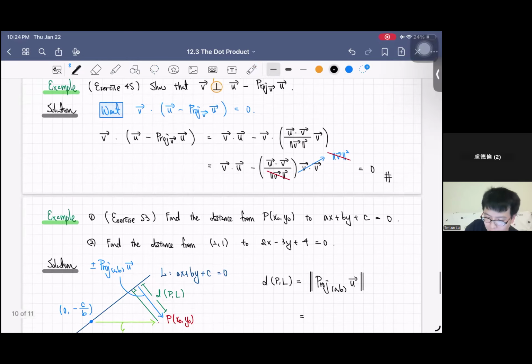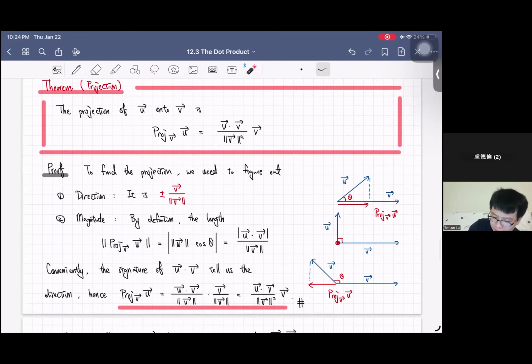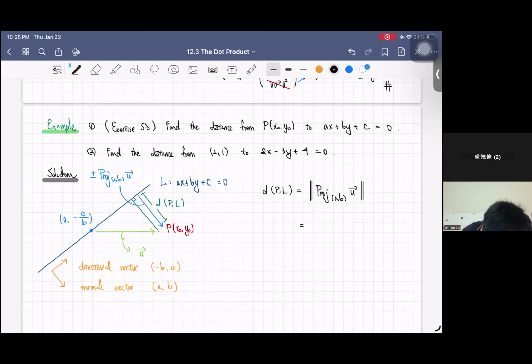Let me go back here. We have seen that the length is given by this formula, right? So basically, it is the absolute value of U dot AB divided by the length of AB. Now, what is U? U is given to be P minus this point, so x naught minus 0, y naught minus c over b, taking the dot product with AB. And what is the denominator?